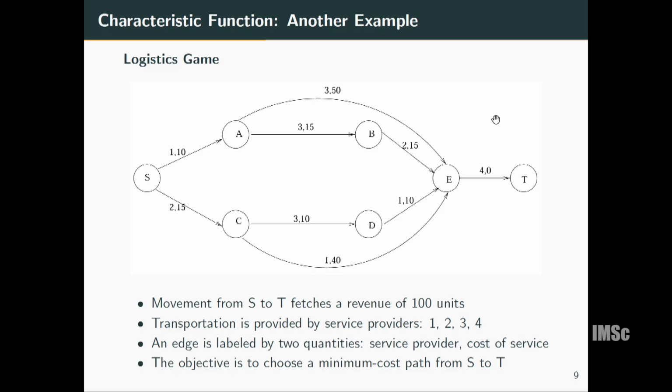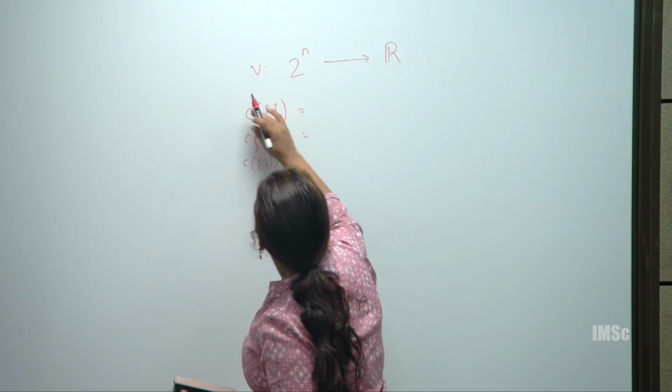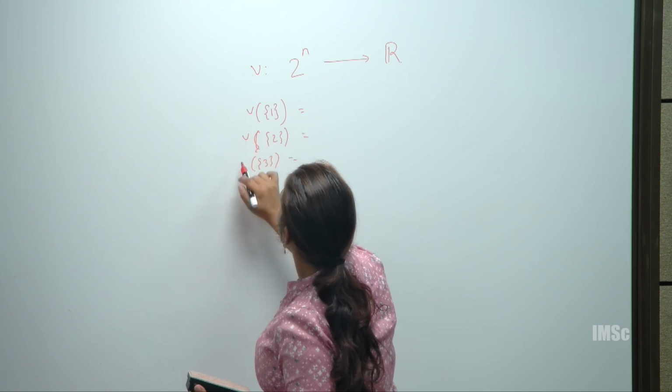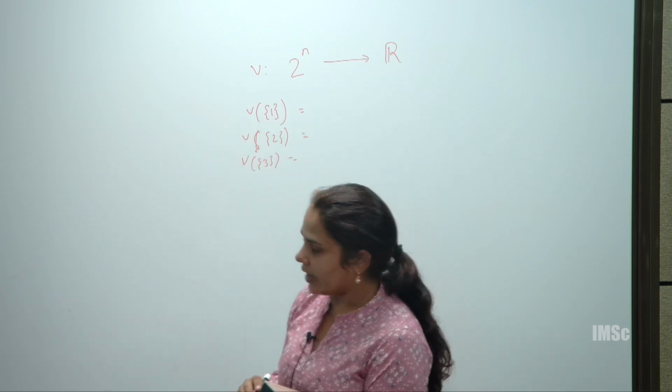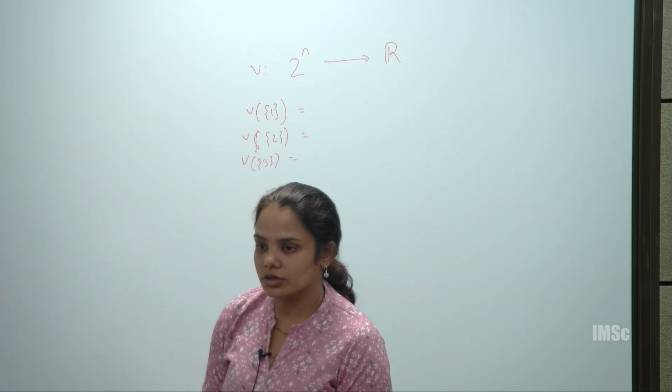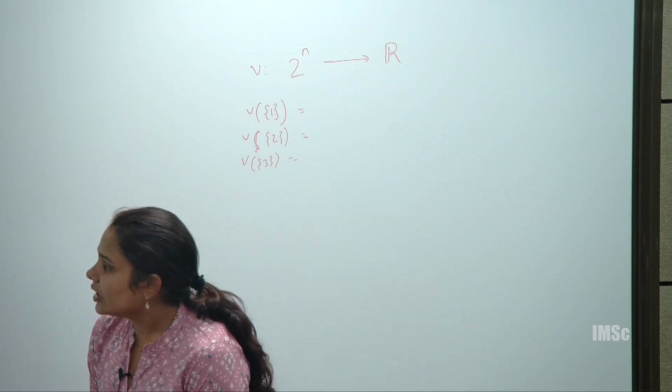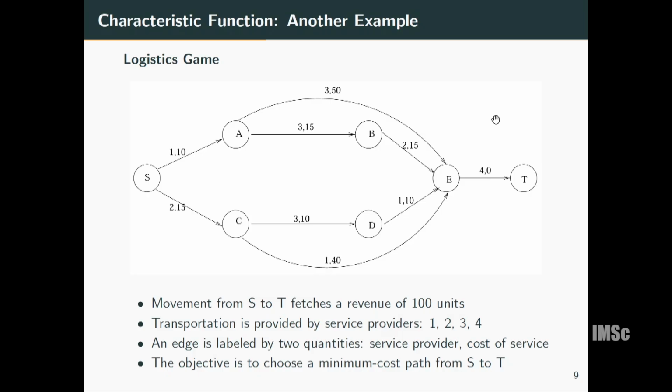So, valuation of, okay, I can define V because I have 100 units, sorry. Let us not bring cost into picture. So, basically if they reach from one place to other place, I am dividing 100 units to the agents, sorry. Okay. So, if there is no 4, then nobody gets anything.